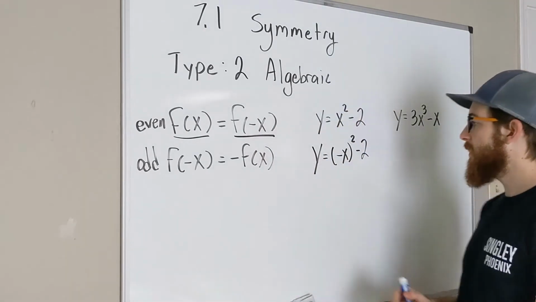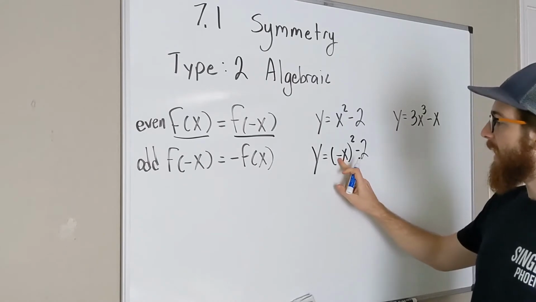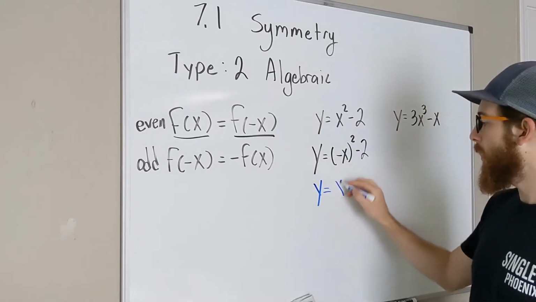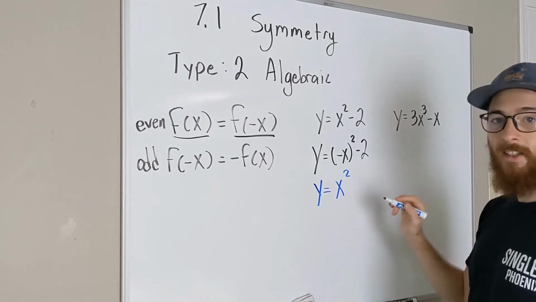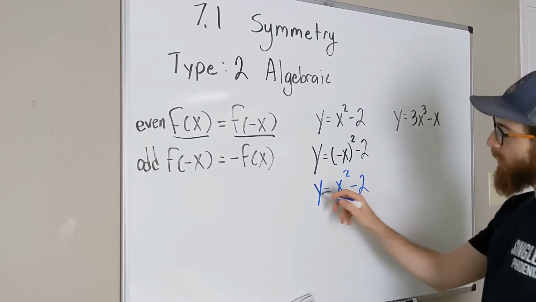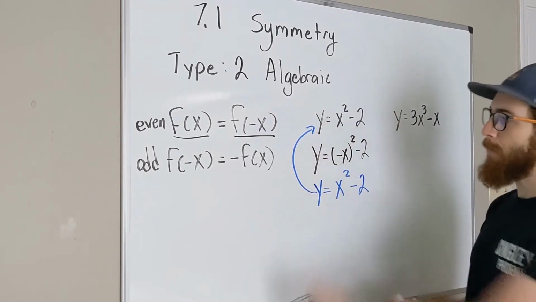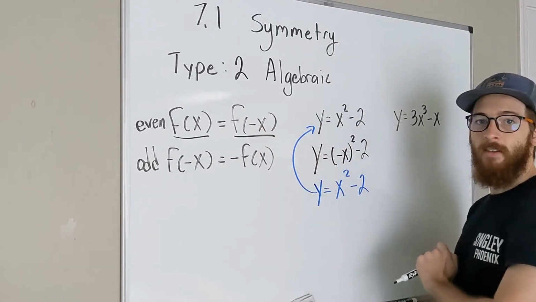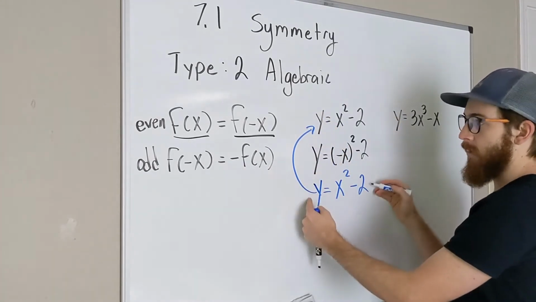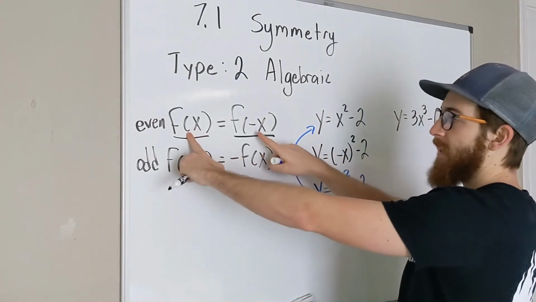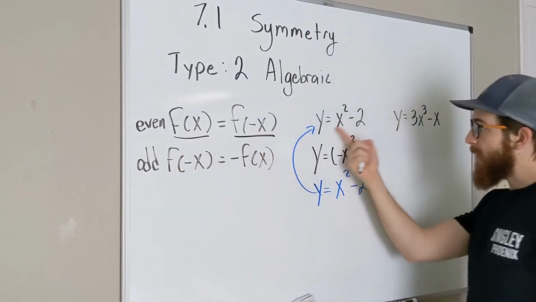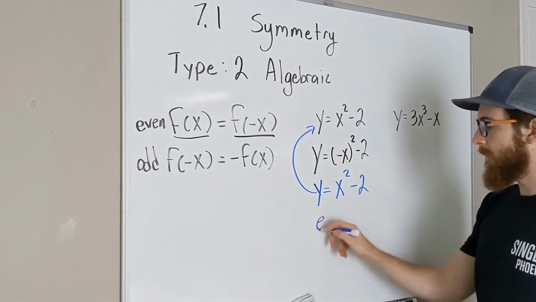But what is negative x squared? Well, that's just x squared. So did we get back what we started with by plugging in negative x? We did. We ended up with the same exact answer for both f of x and f of negative x. So that means that this function is even.